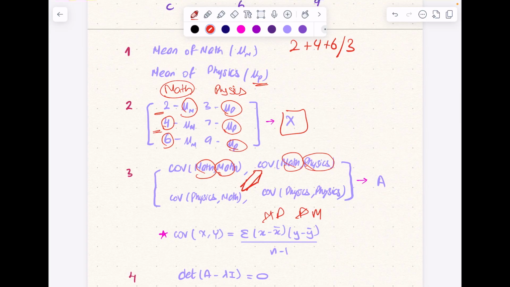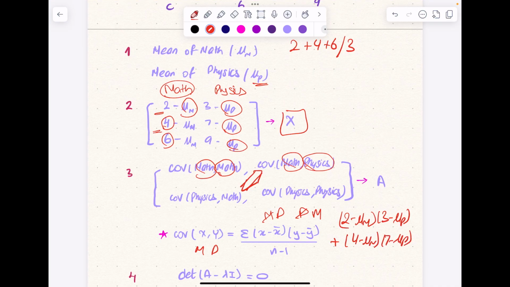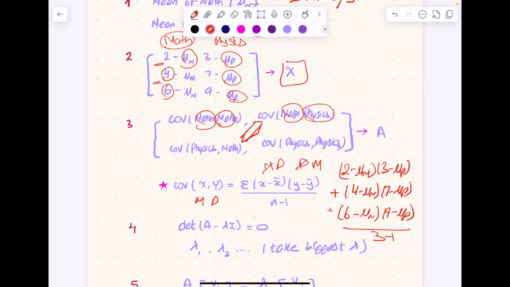I can show you another example of how it's done. If we were taking math and physics, it would be 2 minus mu m times 3 minus mu p, plus 4 minus mu m times 7 minus mu p, plus 6 minus mu m times 9 minus mu p. Then we divide by 3 minus 1, because we had 3 data points.